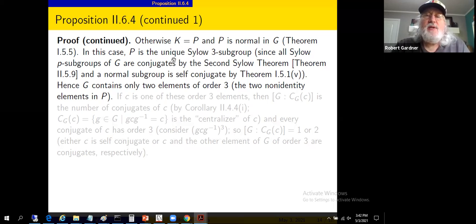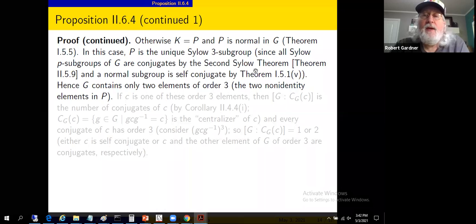In this case, P is a unique Sylow 3 subgroup because, remember, any two Sylow P subgroups are conjugates of each other, second Sylow theorem. But when I conjugate a normal subgroup, I just get that subgroup back. It's self-conjugate, if you like, by part of the definition of normal subgroup.